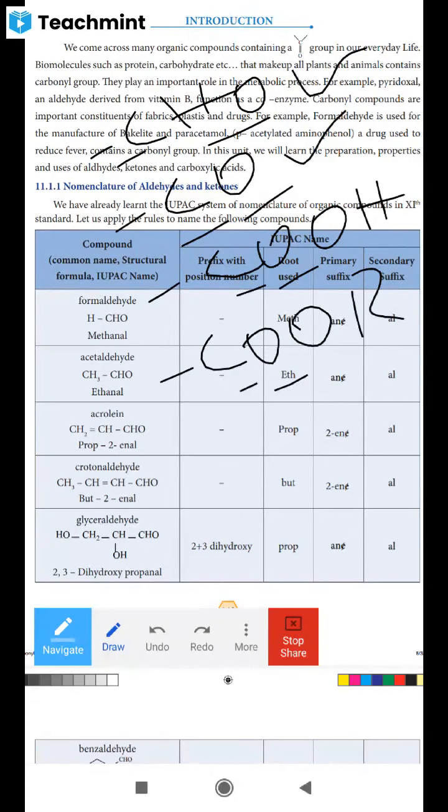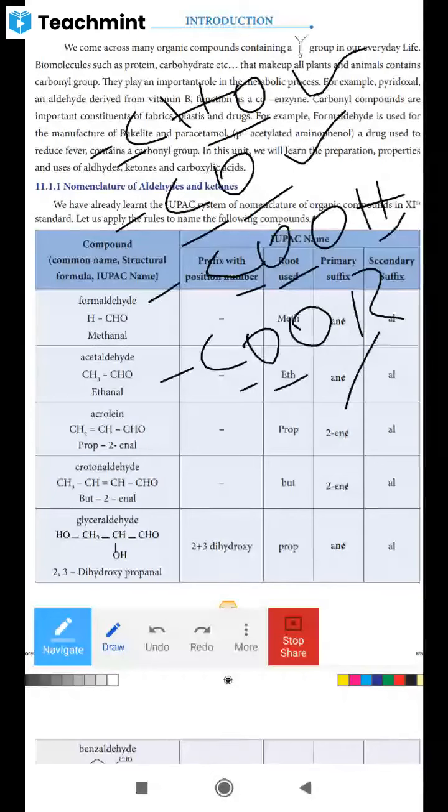Second one is ketone, CO. Third one is acid, COOH, carboxylic acid. Fourth one is ester, COOR. There are many more functional groups like amide and anhydride. Which contains C and O, we will definitely call carbonyl compounds.